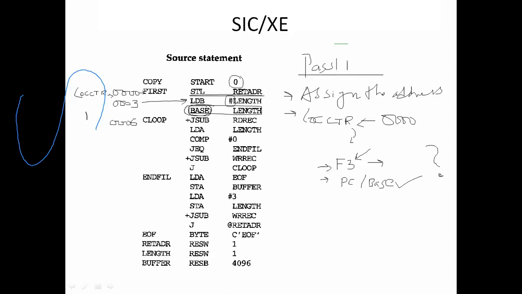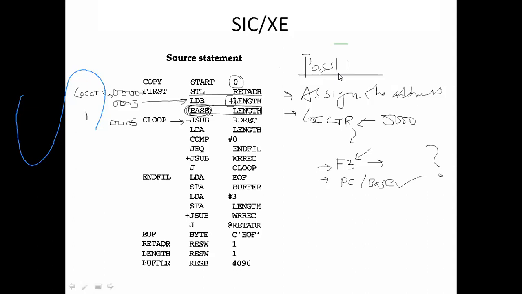I did not write the address for this because this is nothing but an assembler directive. For an assembler directive like BASE, we will not generate the object code. This is an exception that you need to remember. So the next instruction is at 0006. Look at the instruction. What type of instruction is it? Can anyone answer? There is a plus present.